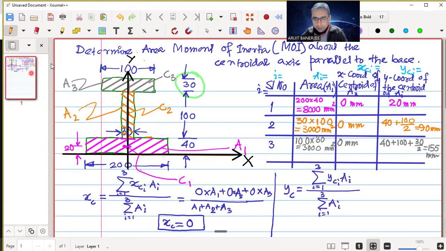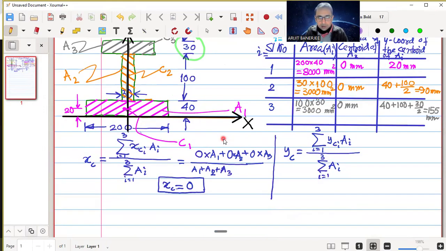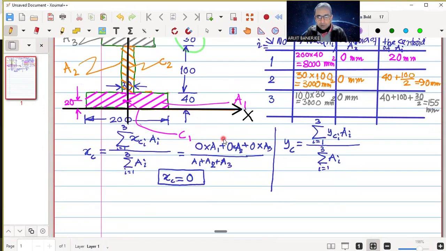So therefore, because we have already tabulated, we can now use that table.